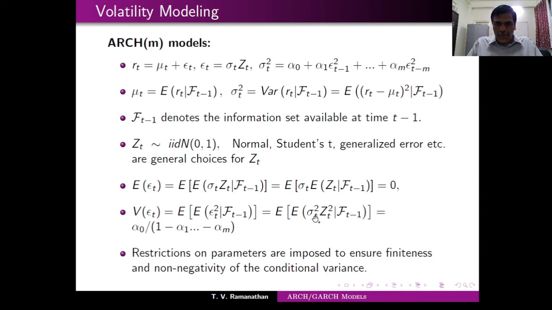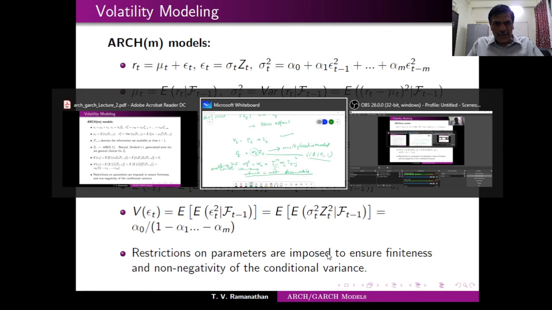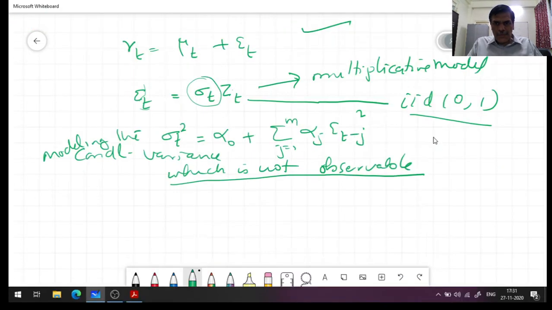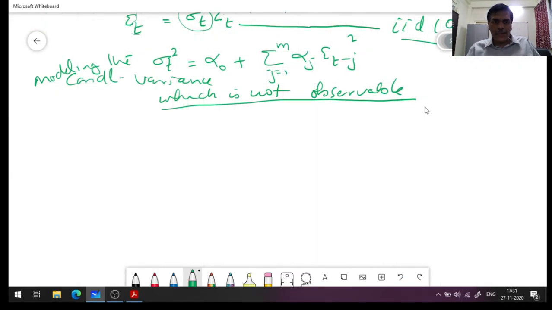Square is already there in sigma t square, so take the expectation directly. This can be verified, for example, if you take a model 1 and actually compute it and see. So what we have is the expectation of epsilon t square is equal to the variance of epsilon t.